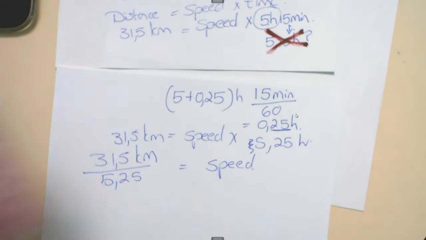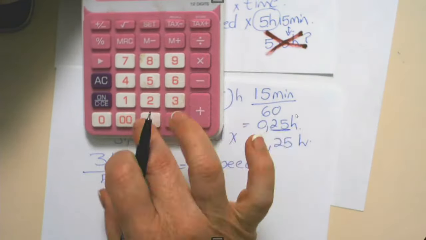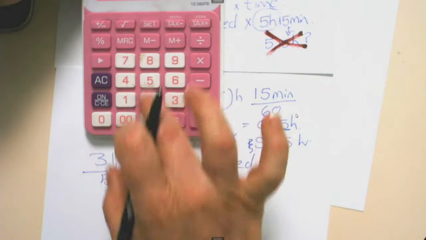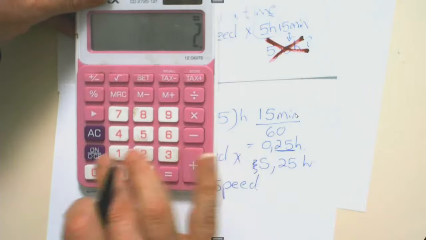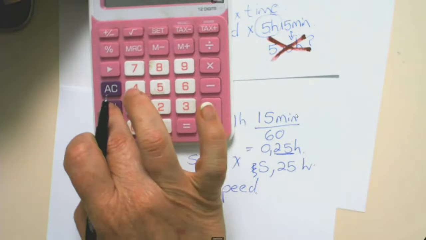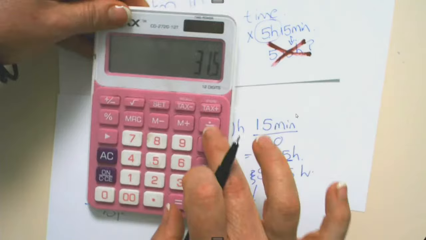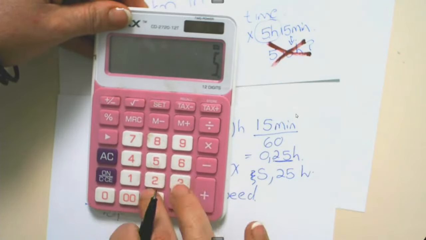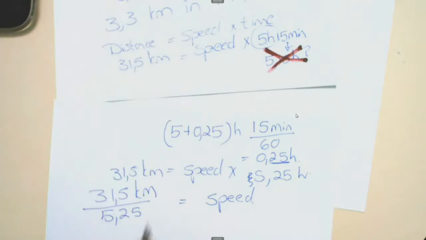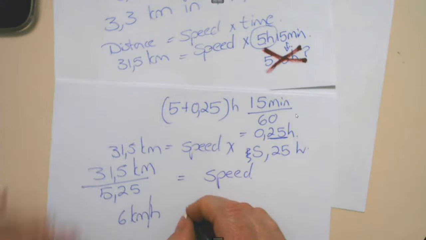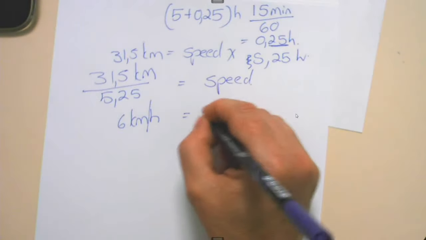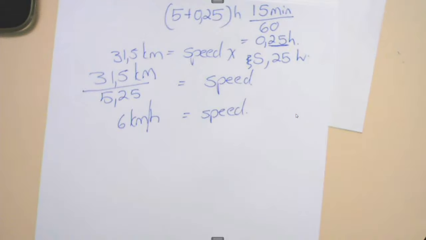On the calculator, 31.5 divided by 5.25, it's a full 6 kilometers per hour. And that's fast enough, I can tell you. That is more or less the speed that a human being can run. It is quite a reasonable answer.